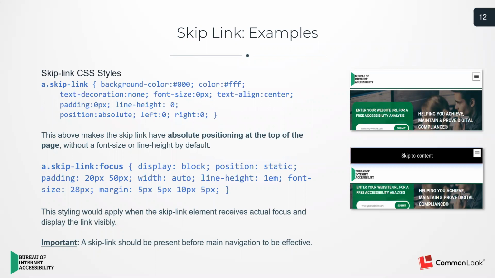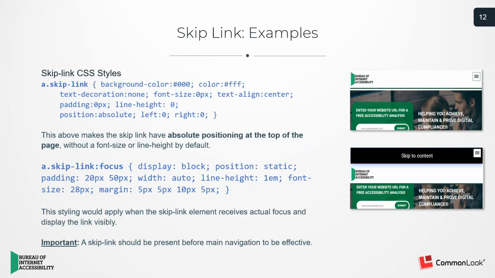So here's a little bit of CSS example. Again, it's a little bit technical, but it's here for your reference. The top style rule here provides a skip link that has essentially no sizing. So it's got a padding of 0, a line height of 0, a font size of 0. So it exists in the document model, but it is not visible.